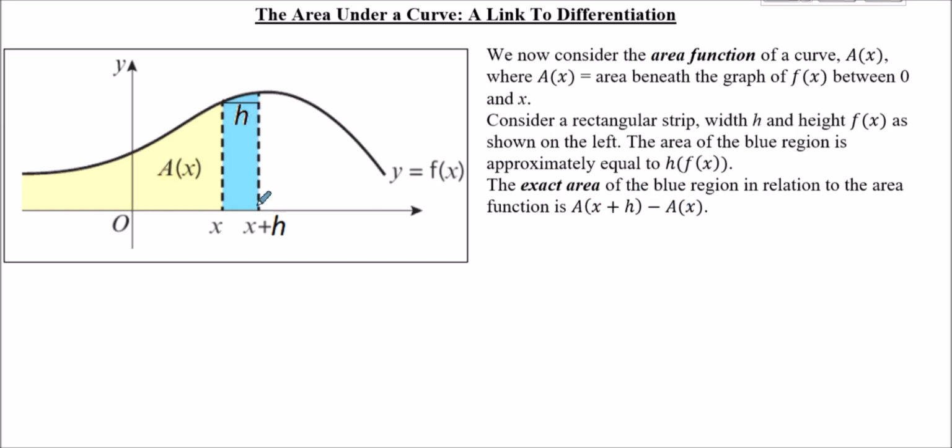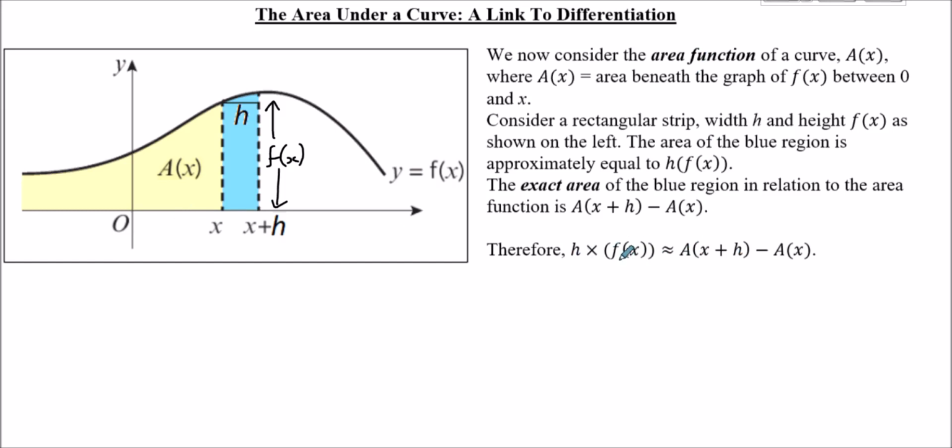That would just leave us this blue strip. So you can therefore conclude that this rectangular area, h multiplied by f of x, is approximately equal to the exact area, which is the area function of x plus h minus the area function at x.